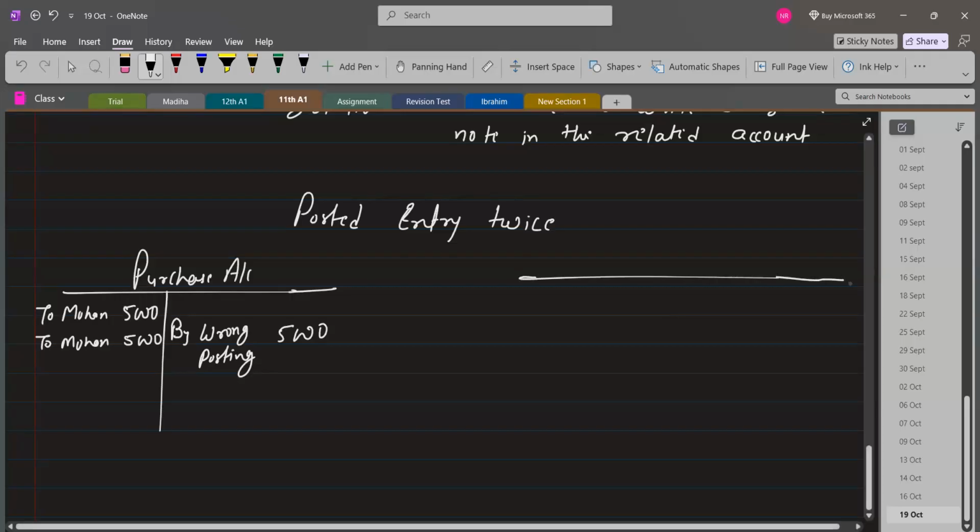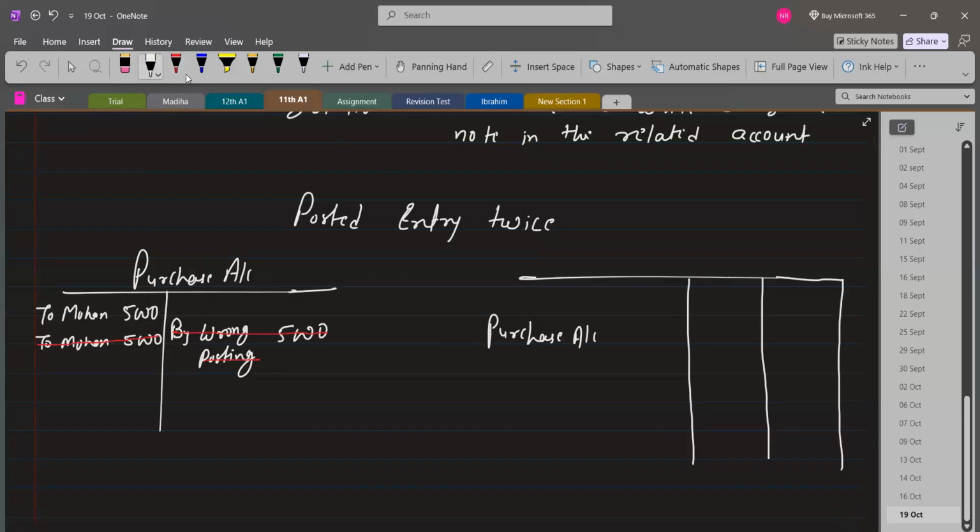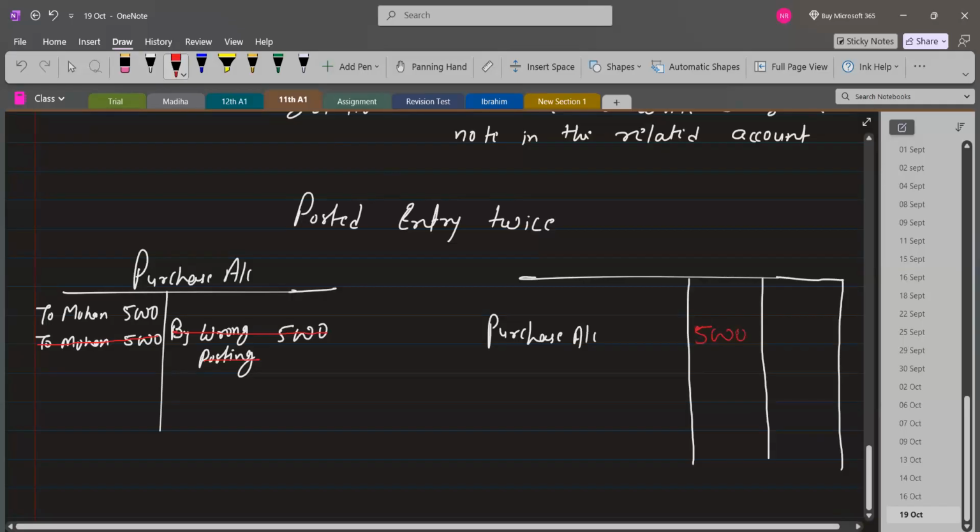Okay, think about it. This is your trial balance. And in this, you write the purchase account. If there is no mistake, means you have not done this or this, means everything is correct, then the balance which is to be written here in the trial balance, debit side, is 5,000. Yes or no? Yes, sir. Okay.